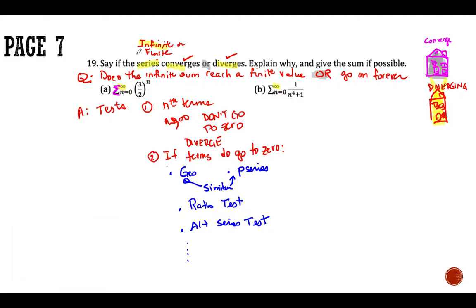So for A, I need to recognize, and this is part of what pre-cal is for, this is geometric. A geometric series has a common ratio. So A is a geometric series.